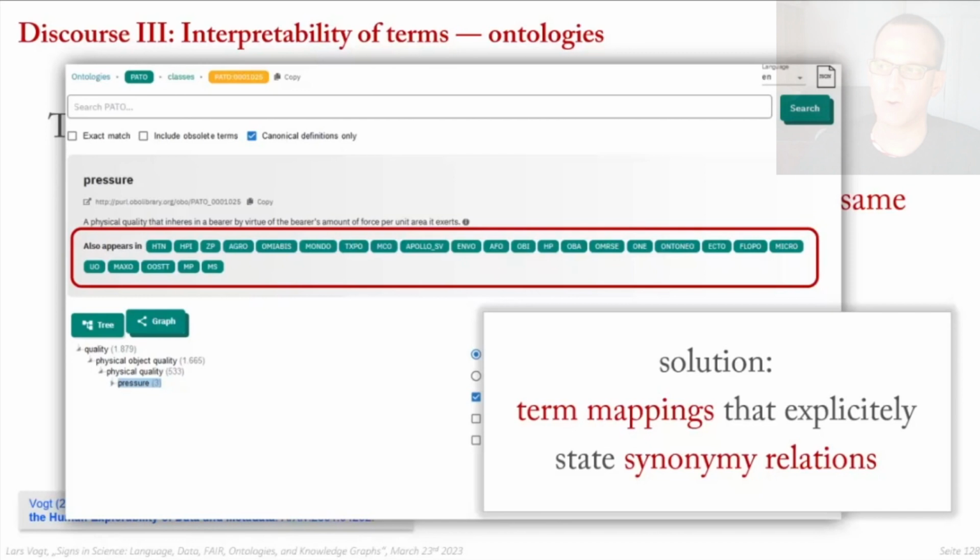And this is then called a term mapping. So I have to map my term, in this case, pressure from PATO, onto pressure from other ontologies. And we see here this has been done. So the PATO pressure term is mapped to all these ontologies here.